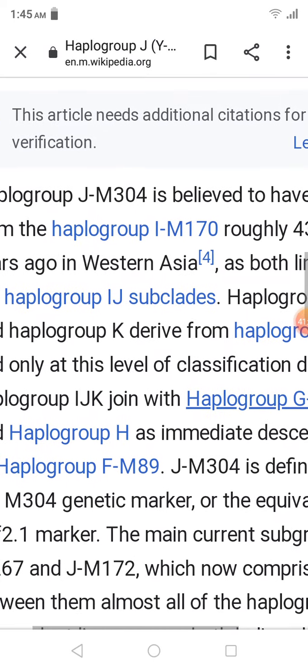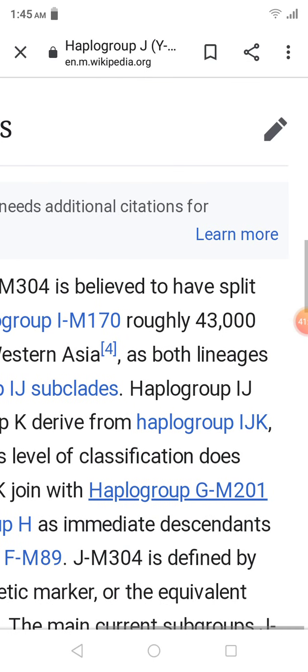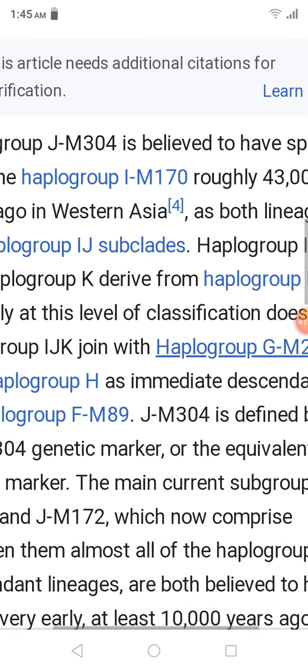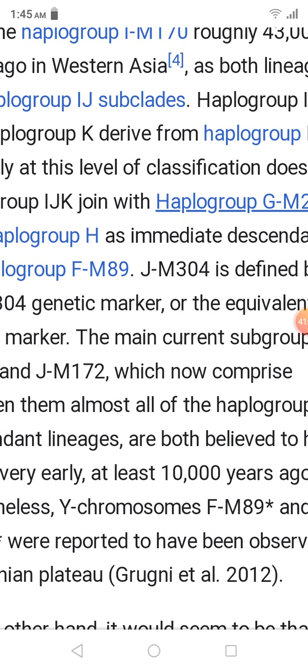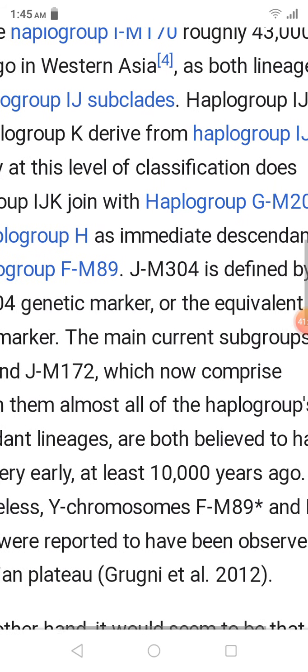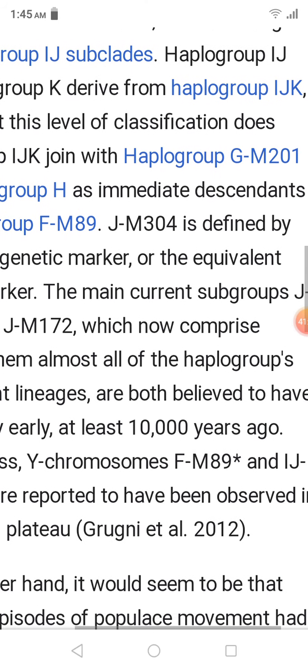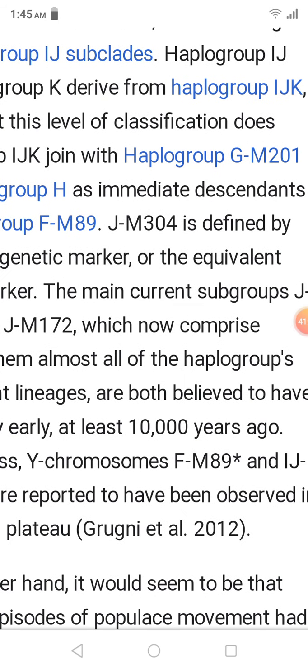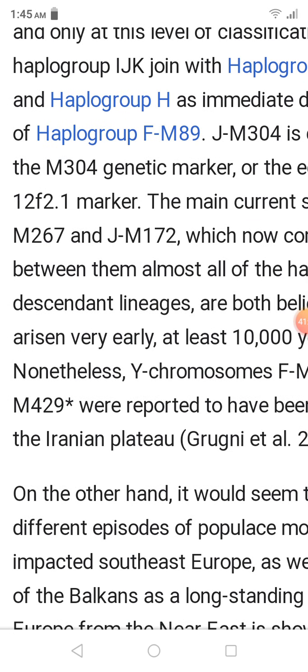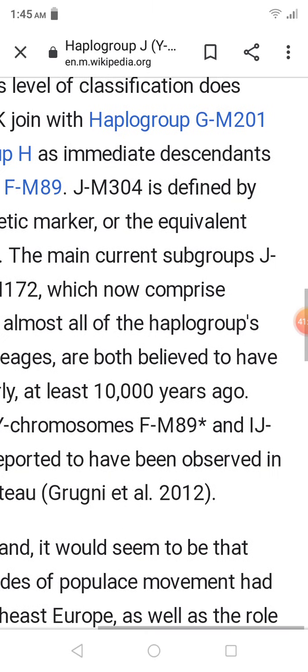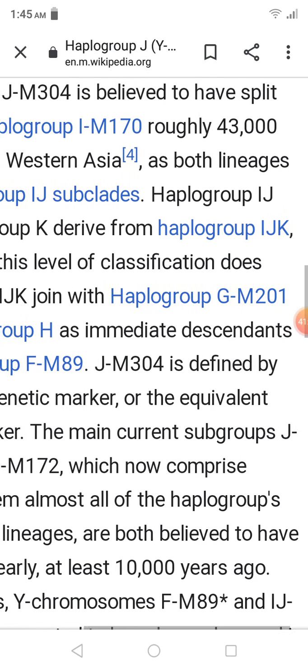So these are the groups of people that are in the northern region of North Africa and the Near East region of the so-called Middle East or Near East region. So these are your Caucasian people.